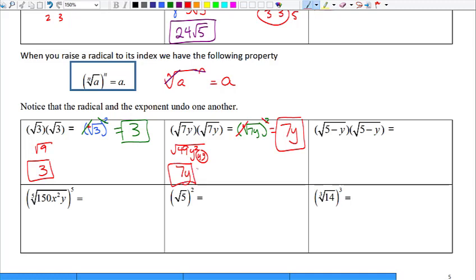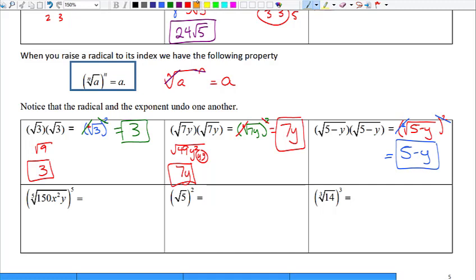Now this one, there's no other way you can do this problem with such a long expression underneath a radical. You really want to do it the shortcut way. Because there are 2 copies of 5 minus y, the index and the exponent undo each other, and you're just left with the inside, which is 5 minus y.